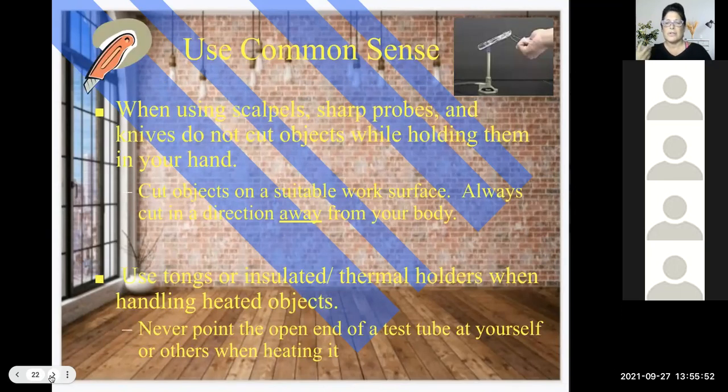Use common sense. When using scalpels and sharp things and the dissection pins, make sure you're being careful. Make sure that you have a good space to cut objects in. Always cut in the direction away from your body and away from other people. Use tongs or insulated thermal gloves or holders when handling heated objects.